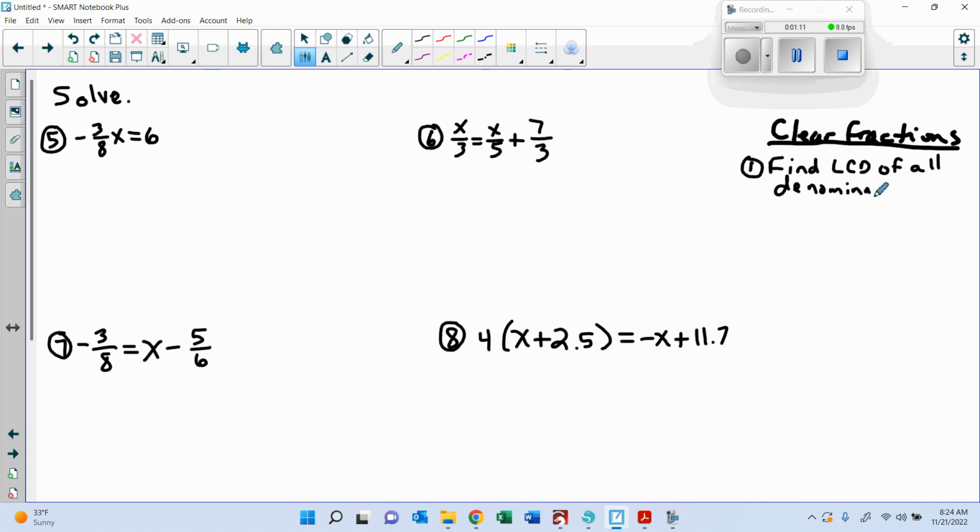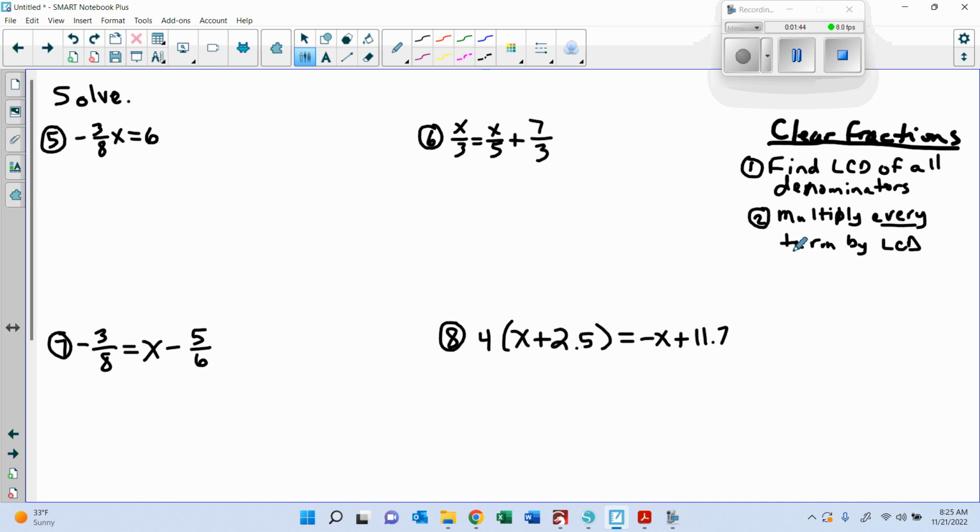Now, if you don't remember how to do the least common denominator, I have a review video on that. So please review that. We'll talk about it as we do it, but you still need to go through it and make sure you know how to do that. And then after you've found the least common denominator of all the denominators, then you're going to multiply every term, not just some terms, every term by the least common denominator.